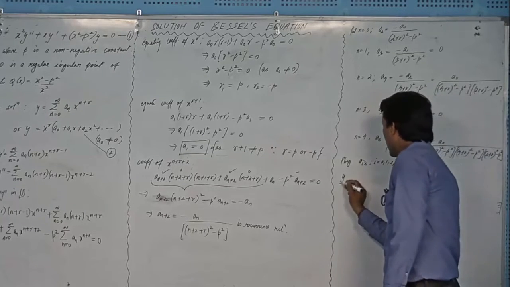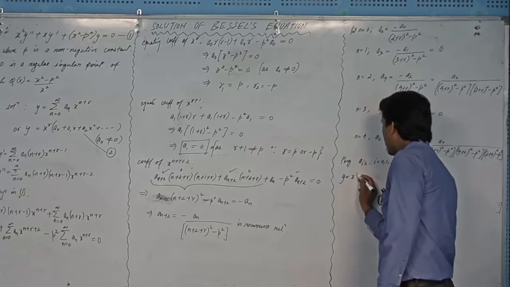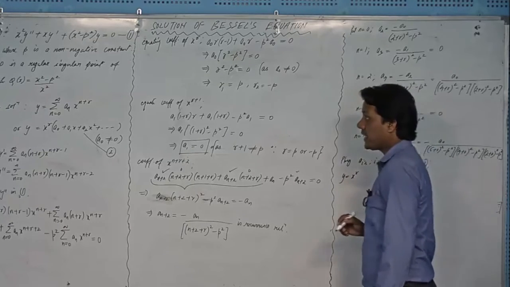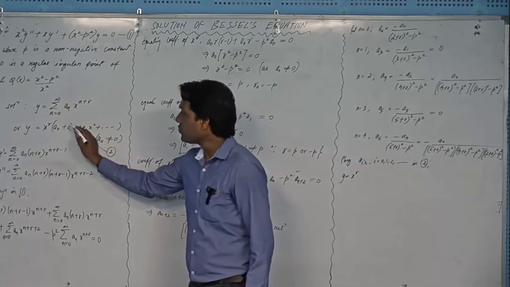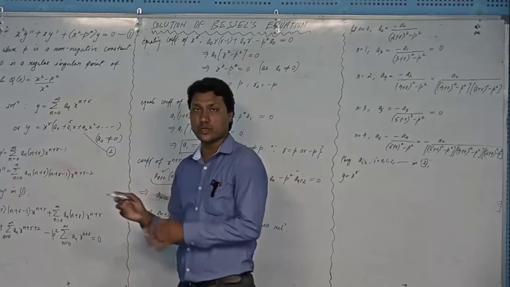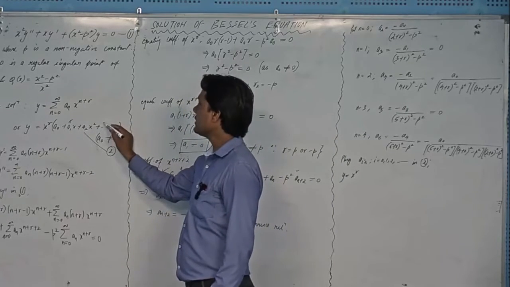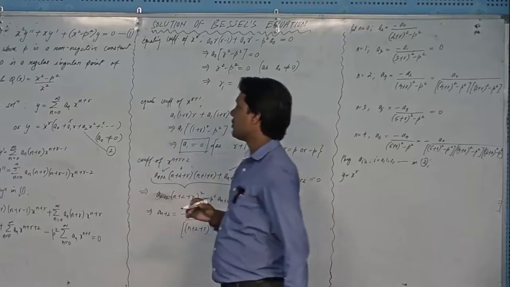So that will give you y equal to x to the power r, and you know that these odd coefficients are 0, so I am not going to write them. a1x is 0, a3x cubed will be 0, and so on.